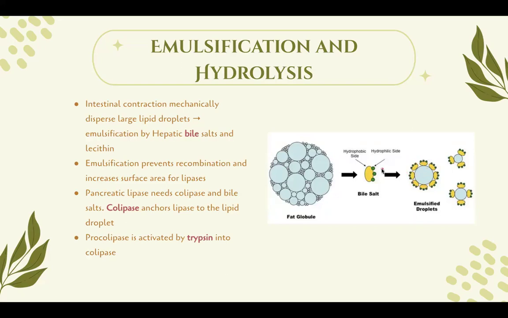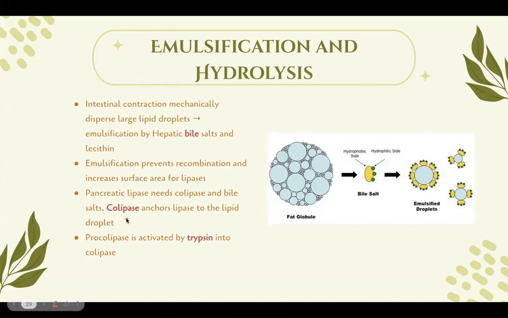So lipase needs some help, and it gets it from colipase. Colipase is a cofactor for lipase. Colipase comes and attaches to this ball, and this allows the lipase to get anchored on it and do its job. So colipase attaches here, allows lipase to come and attach and then do its job.